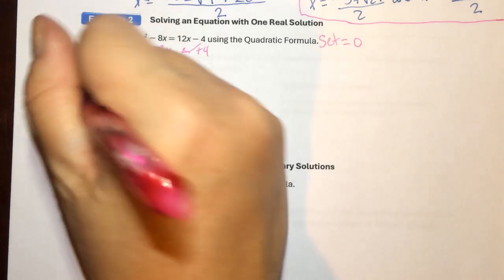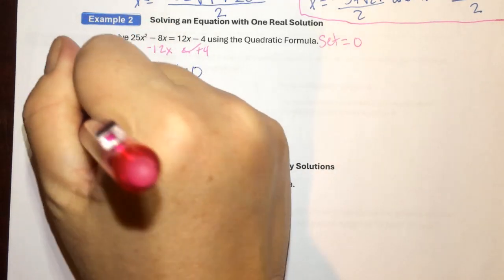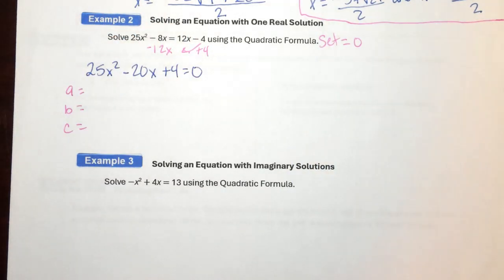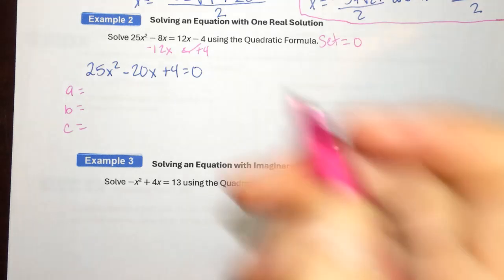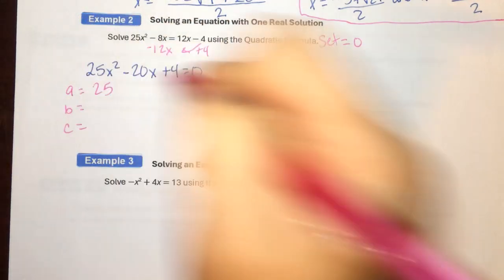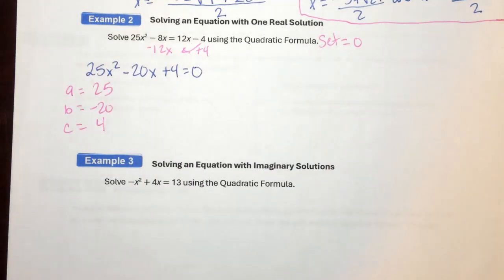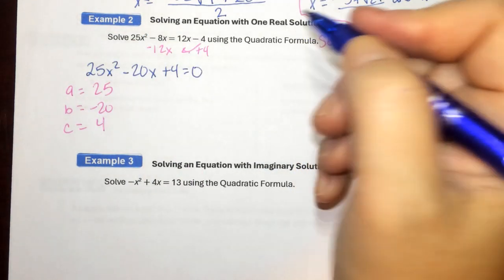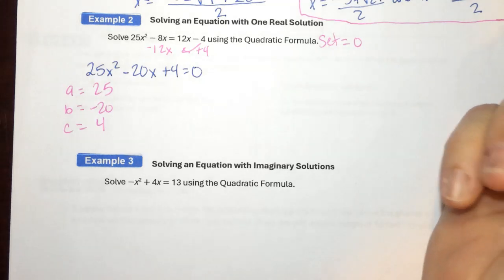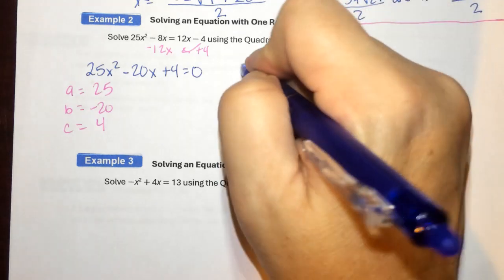So we need to list our a, our b, and our c values. So go ahead and do that. In this case our a value is 25, b value is negative 20, c value is positive 4. So now we're just going to set it up into our equation like we did previously.